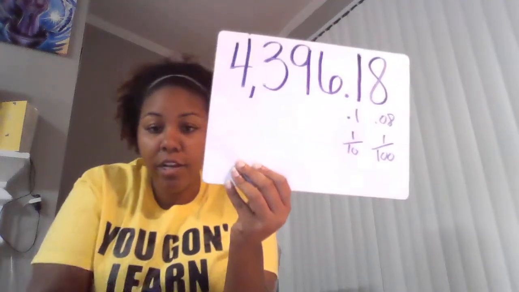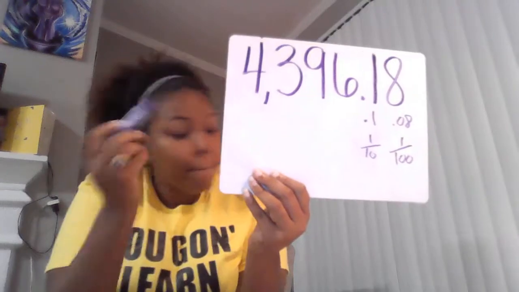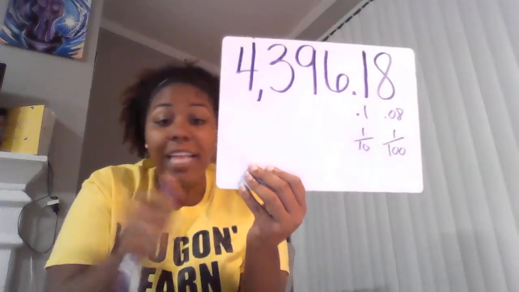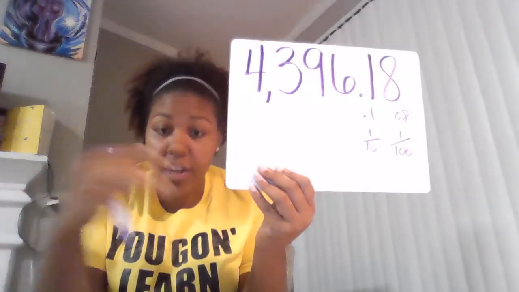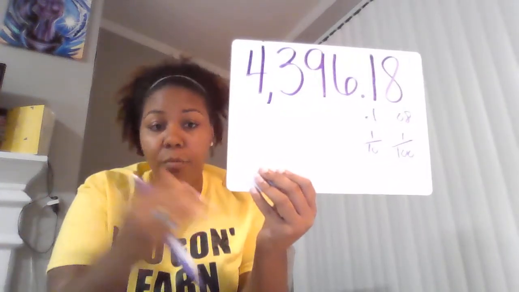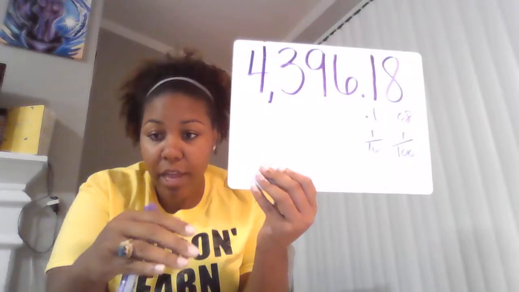Now I want you and your table to work on putting this number in expanded form. So the values that you've just written for each one, you're going to go through and write this number in expanded form.